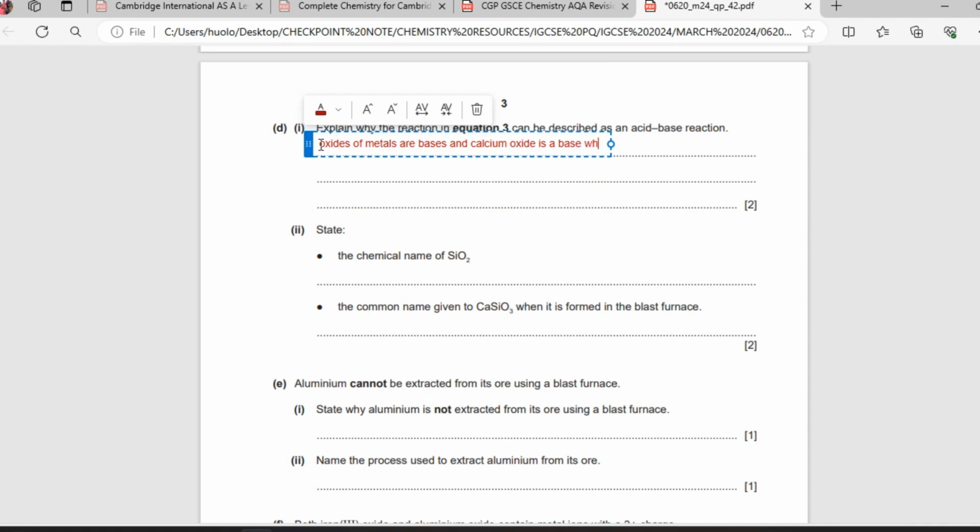Okay, while oxides of non-metals are acids.